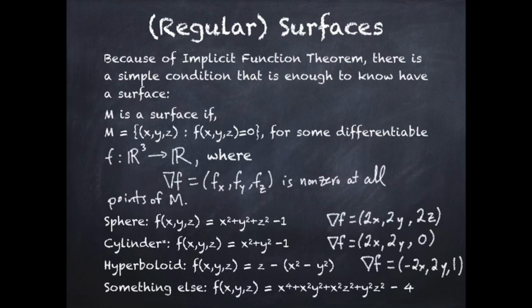The surface that I labeled something else, I'll give you a chance to explore that yourself. Try taking the gradient of it and coming up with a reasoned explanation for why that gradient cannot be 0 if you are at a point where that function is 0.